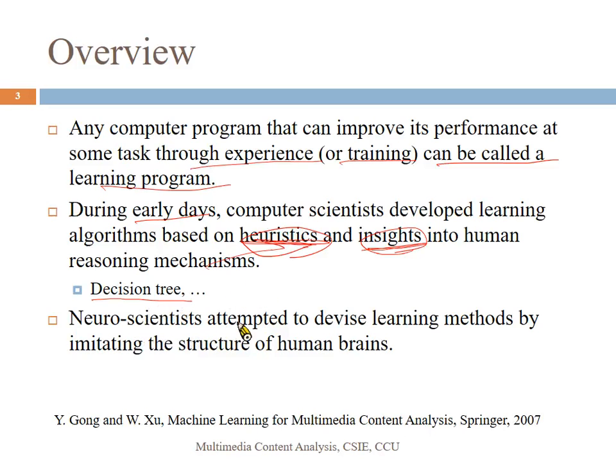And the neuroscientists attempt to devise learning method by imitating the structure of human brain. So in 1980s, the neural network structure emerged, and at that time, scientists tried to develop a structure to imitate human brain.